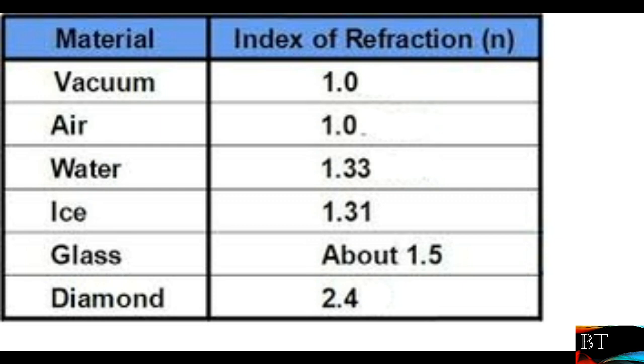Or the absolute refractive index of water is 1.33, which means that the speed of light in air is 1.33 times faster than that in water. So, if both media have the same refractive index, the light ray will not suffer refraction when it passes. The symbol of absolute refractive index is mu.